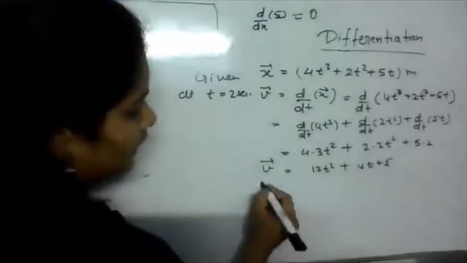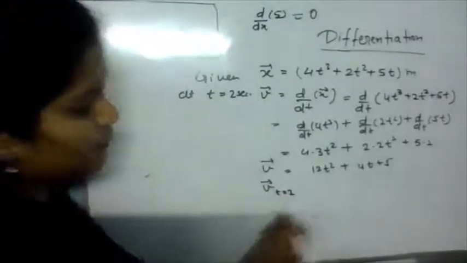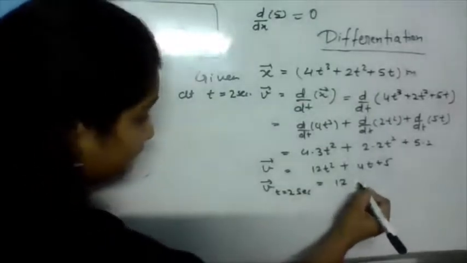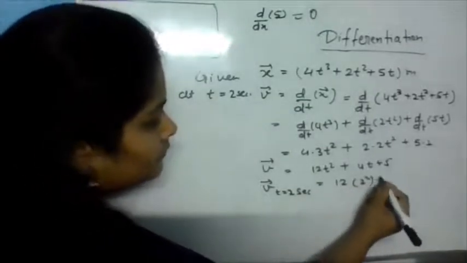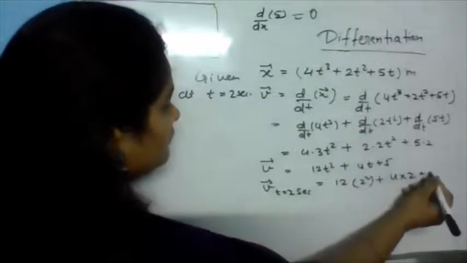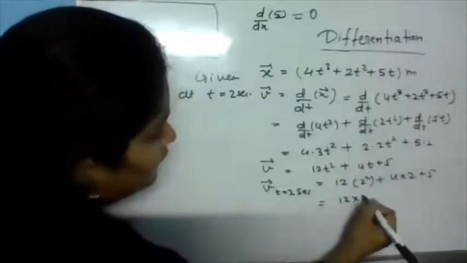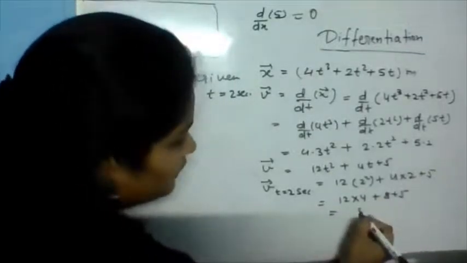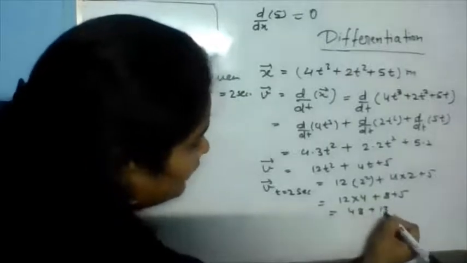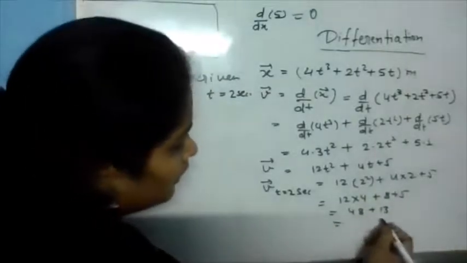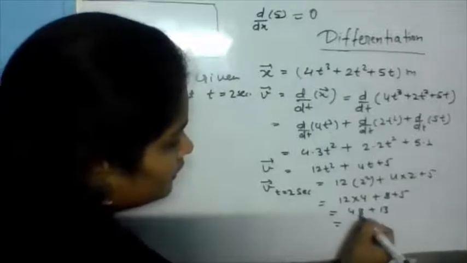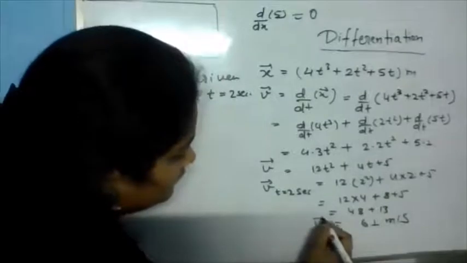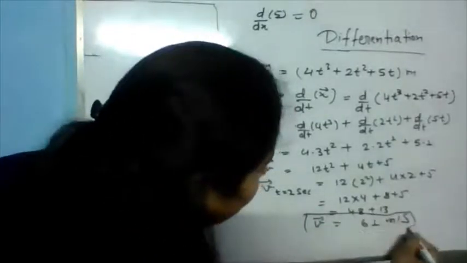Now velocity at t equals to 2 seconds. Put here. So 12 into 4 plus 8 plus 5. 12 4s are 48 plus 13, 61 meter per second. This is the velocity after 2 seconds.